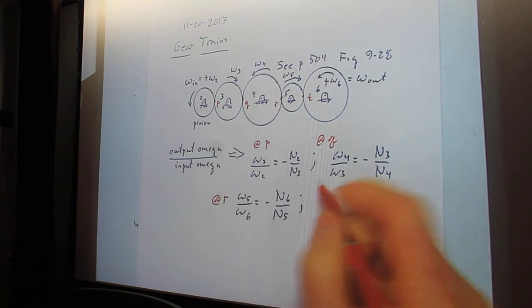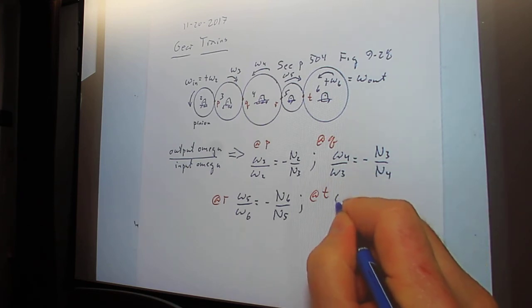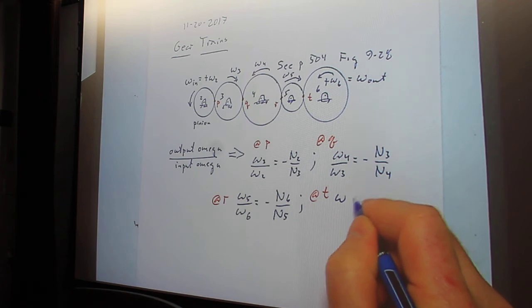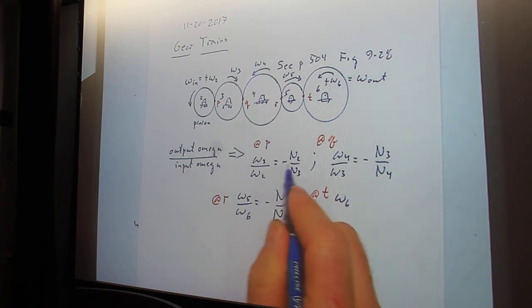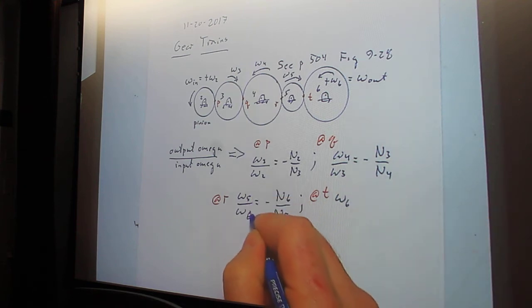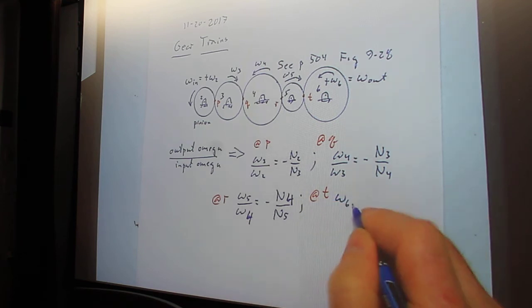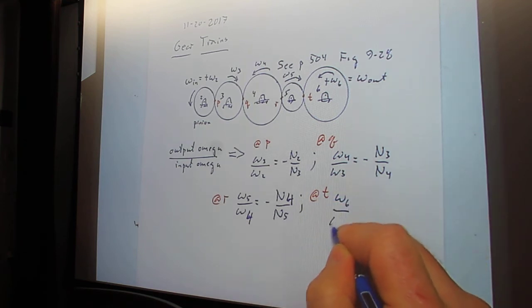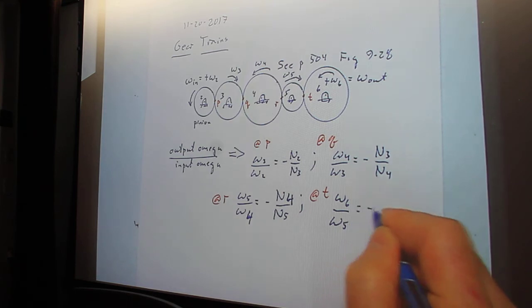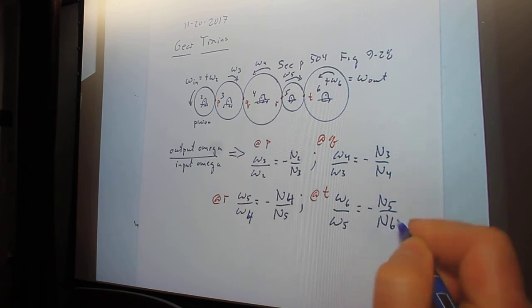And then lastly, at T, I have omega 6 over omega 5 equals minus n5 over n6. Sorry about that, I misspoke earlier with the subscripts.